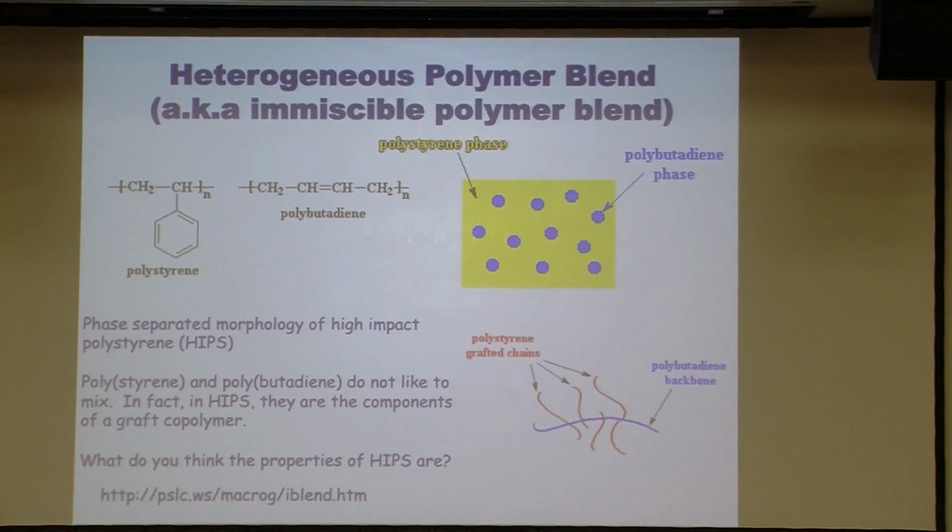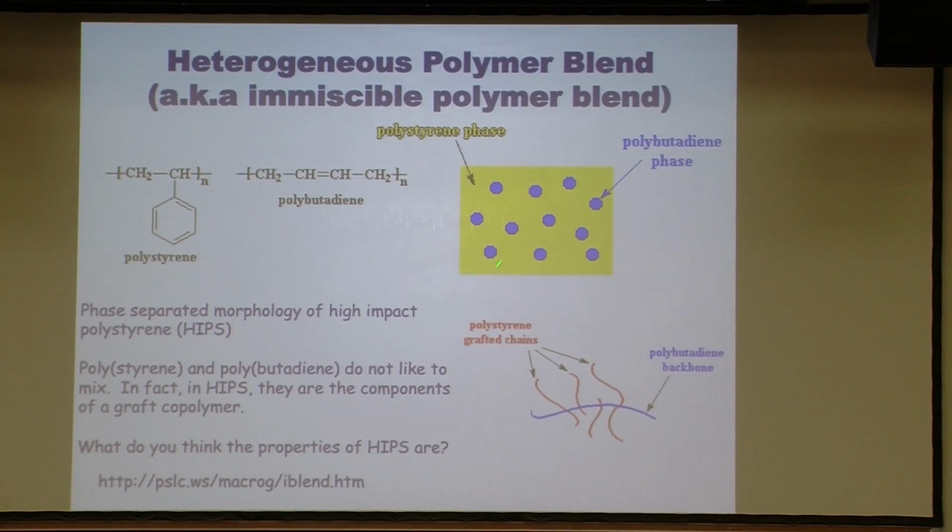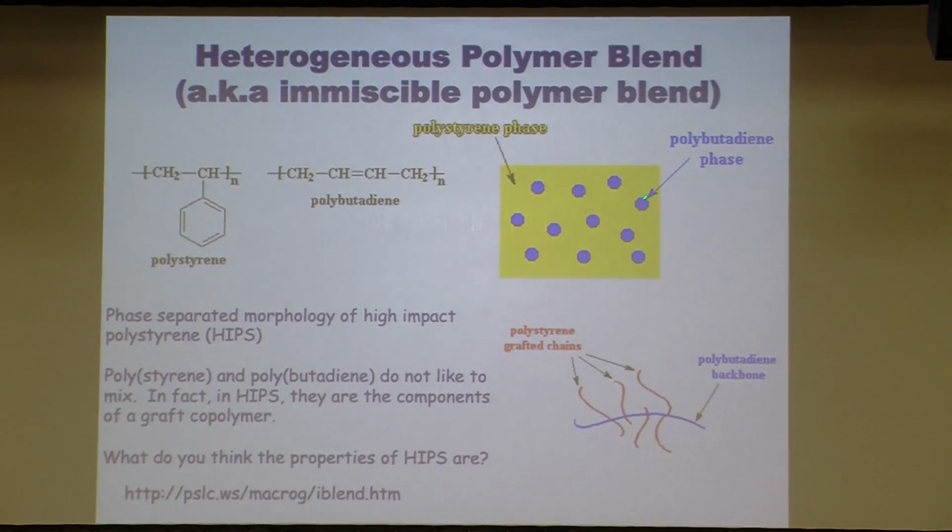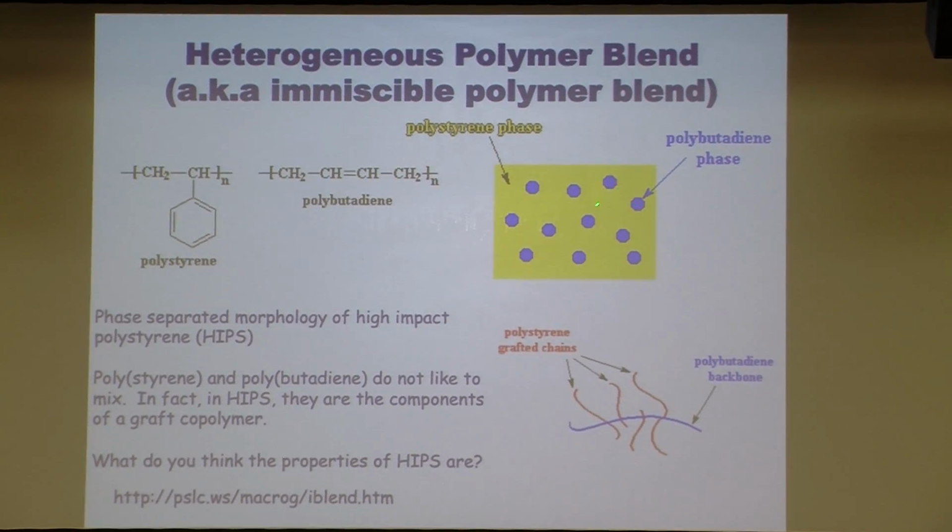And so if you try and blend these two polymers, what happens is you'll get one phase of polybutadiene and you'll get another phase of polystyrene. What's the volume fraction or the area fraction in this picture? How much polystyrene is there and how much butadiene is there? Ballpark. What's your engineering sense tell you? 80-20, 85-15, 90-10, you know, whatever you want, 75-25.